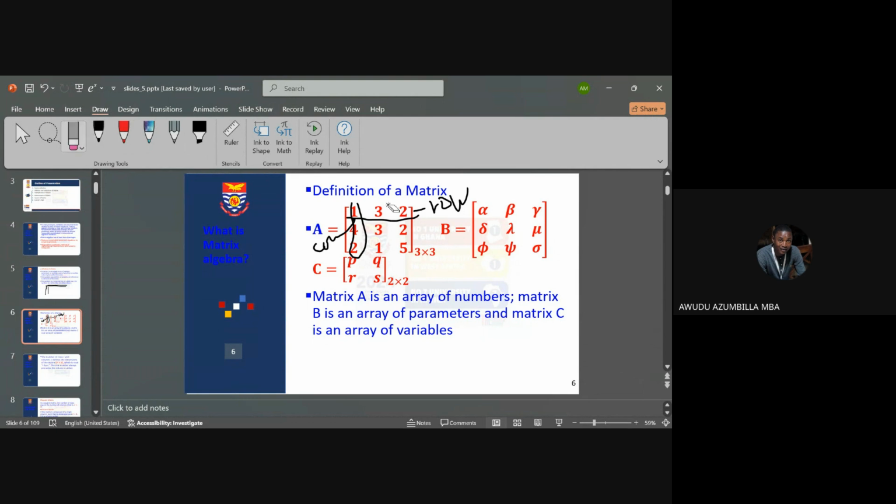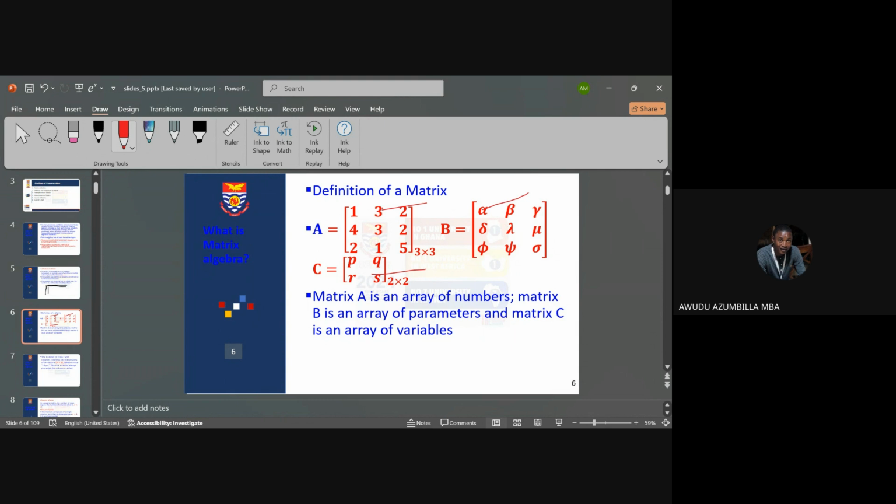Okay, so we have the rows and the columns. And we said that these individual entities within the matrices are called elements. This is a number, this is a parameter, and this is a variable. So all these are elements of the matrices.